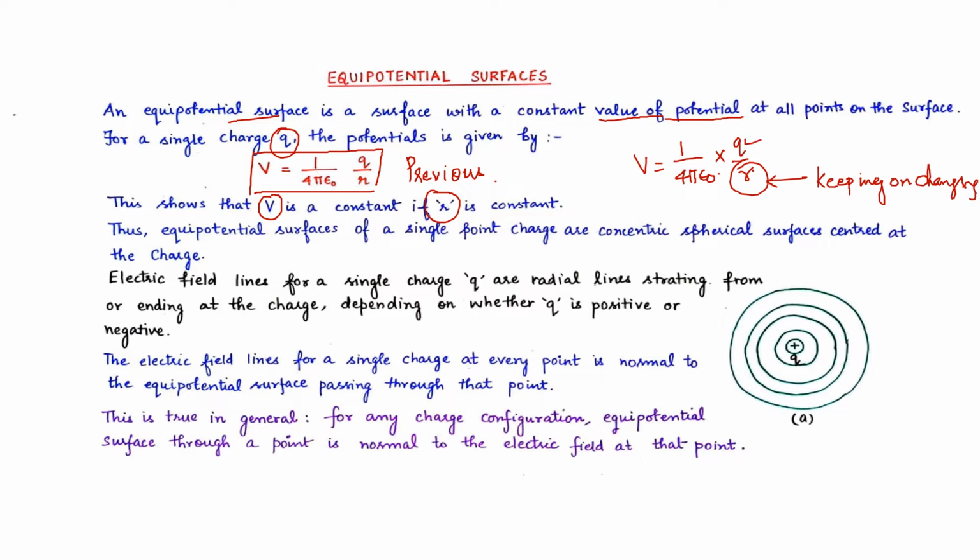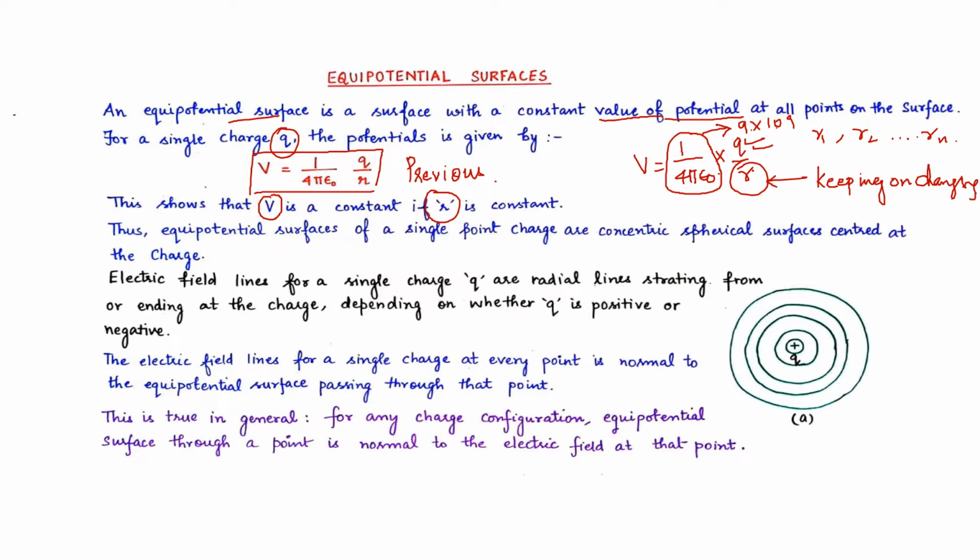Because Q is the same for all the distances, let it be R1, R2 till Rn, whatever the distance is, Q will remain the same. We are defining the potential with respect to a given charge, and this value 1 by 4 pi epsilon naught is constant for everything. Like we have learned, this is a proportionality constant and its value is 9 into 10 to the power 9 always and always.